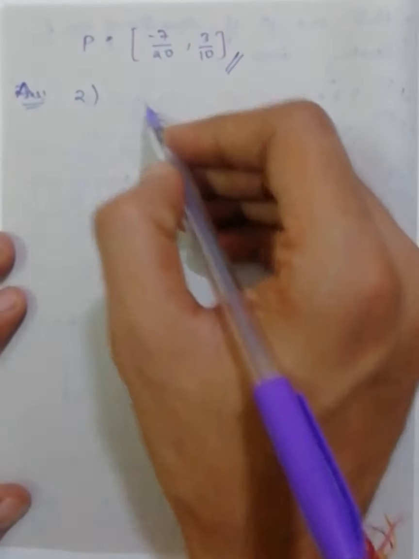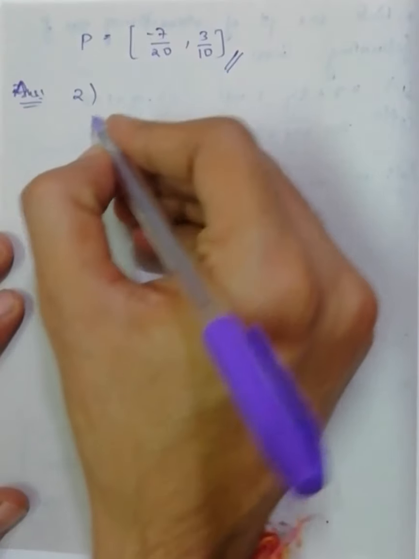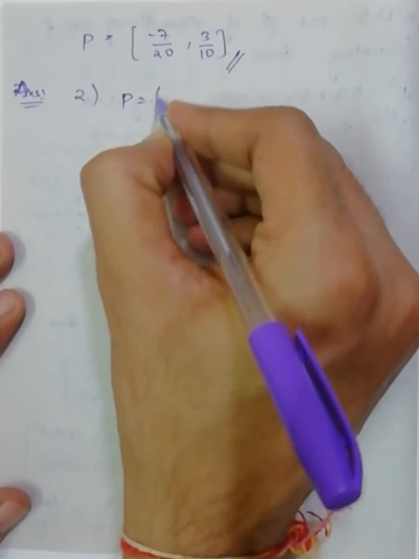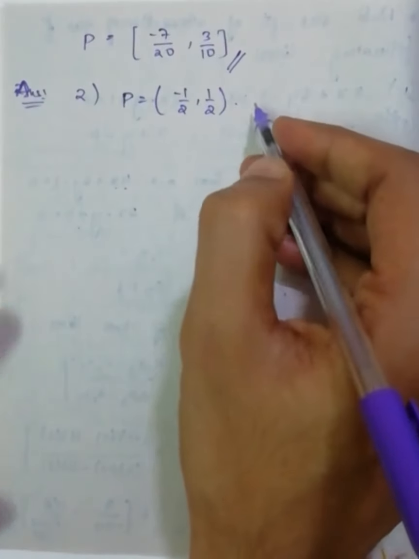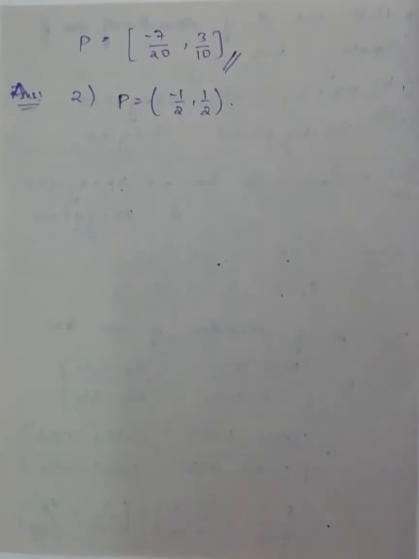Similarly, you can solve the second one, and the answer for the second one is P is equal to minus 1 by 2 comma 1 by 2.